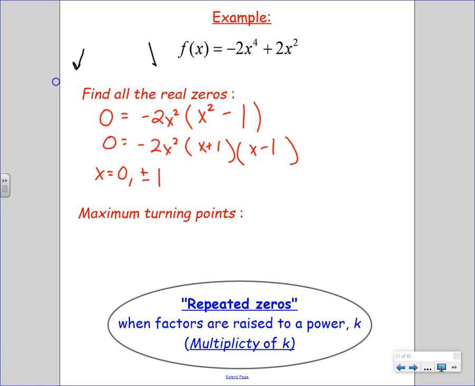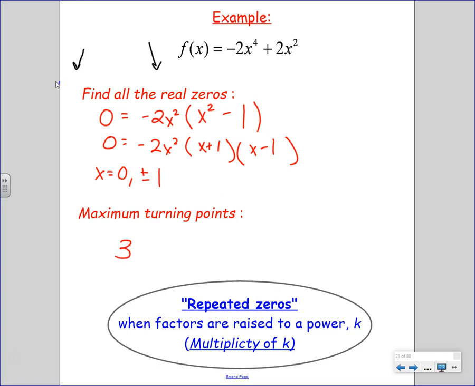Kiddos, I know that a 4th degree, well hold on, don't you know that this guy has ends like this? Is it possible with 3 different zeros that this is just a parabola? Because what's the maximum number of zeros this guy's going to have? Okay, so what must be going on somewhere in between? It must be having some turning points. Now the maximum number of turning points is 3.